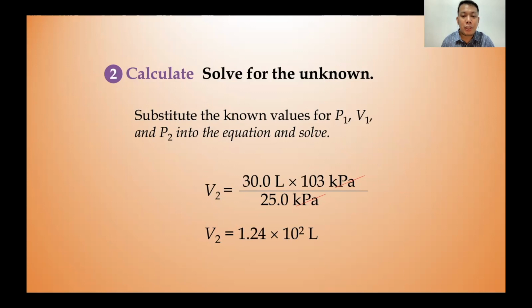So it is 30.0 liter times 103 kilopascal over 25 kilopascal. You can cancel kilopascal since one is a numerator and the other is a denominator. And with that, you can compute it as 1.24 times 10 to the second power liters. Okay, but you may not convert it to scientific notation if you wish not to.